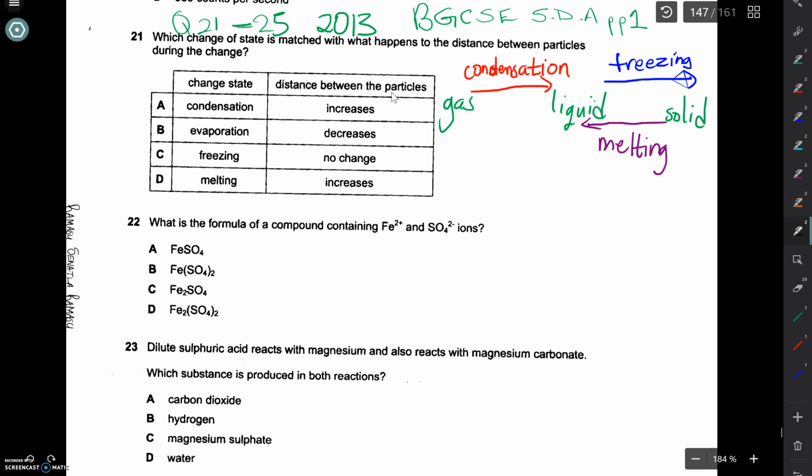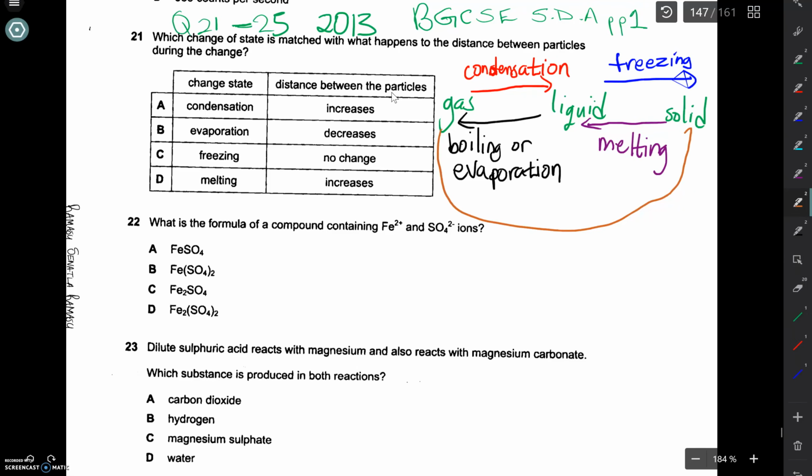And when a liquid changes to a gas, this is either boiling or evaporation, right? Now when a gas changes to a solid or a solid changes to a gas, this is called sublimation.